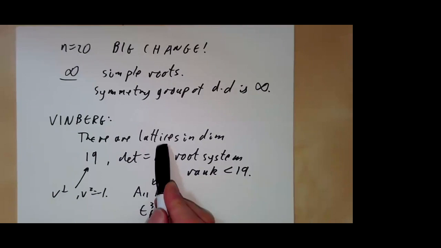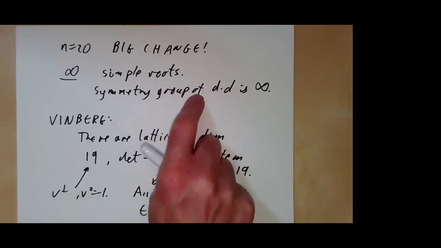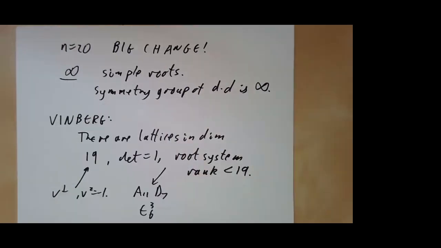And so if the rank of the root system is less than the dimension, there is a symmetry group Z acting on the root system. So the symmetry group is infinite, and there must be an infinite number of simple roots.